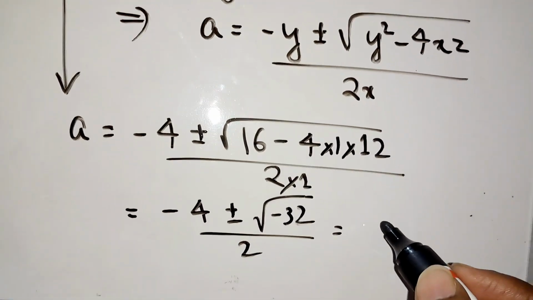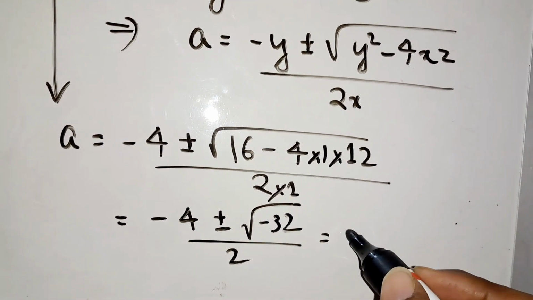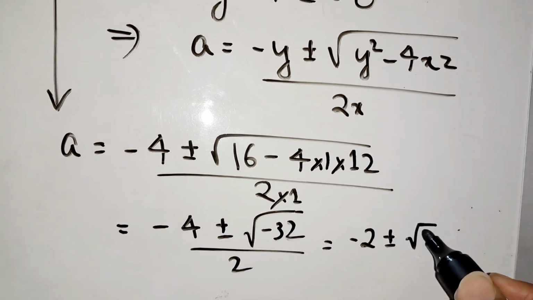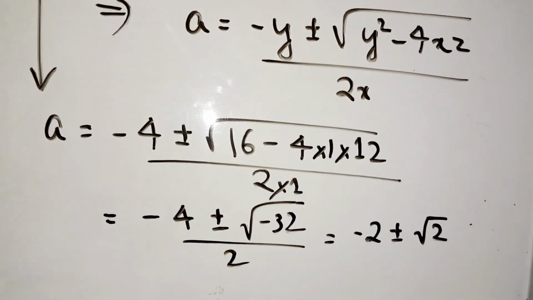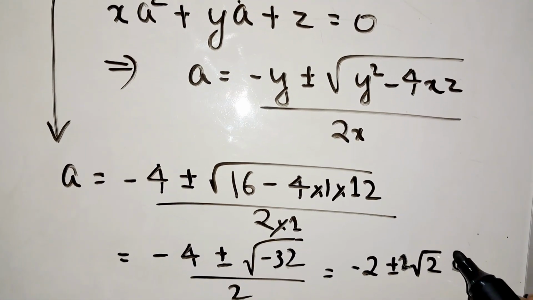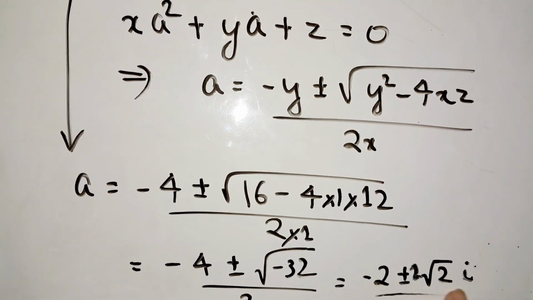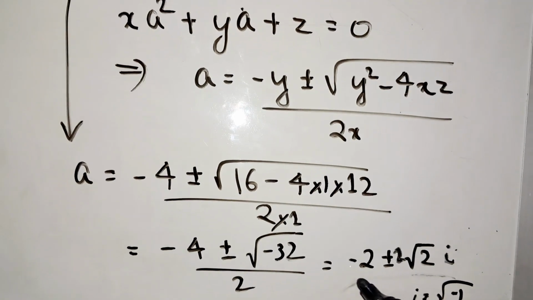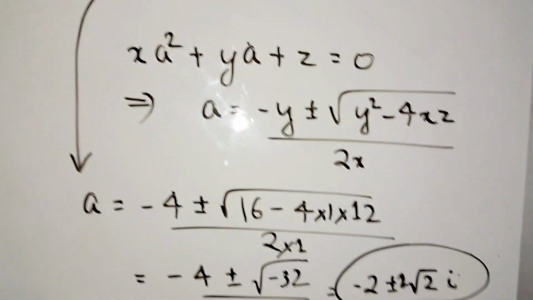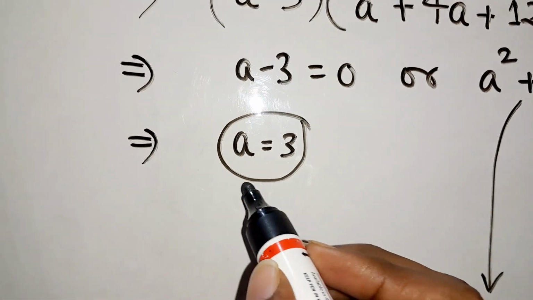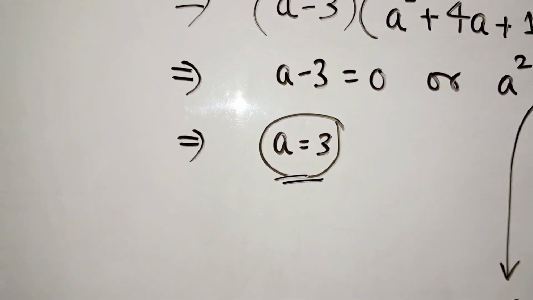If we take 2 common, we get minus 2 plus or minus 2 root 2 iota. Iota is nothing but square root of minus 1. And we are not concerned about these values because we are concerned with the real values. So the only real value we got here is a equals 3.